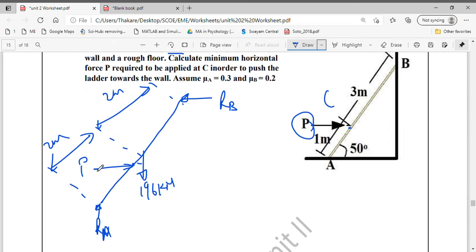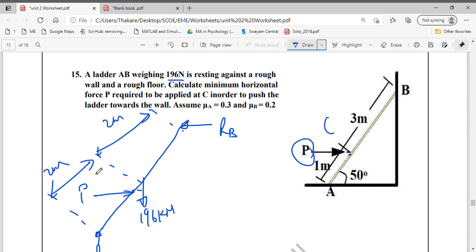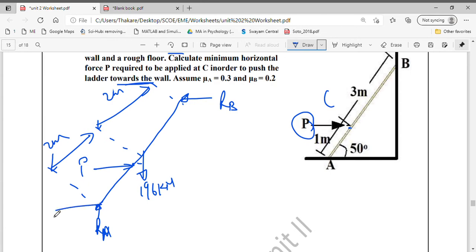And now we have to determine the direction of motion of this particular ladder, right? How will you determine the direction? They have told you that the ladder is to be pushed towards the wall, so your frictional force will be acting in this direction. This will be your mu A into Ra.